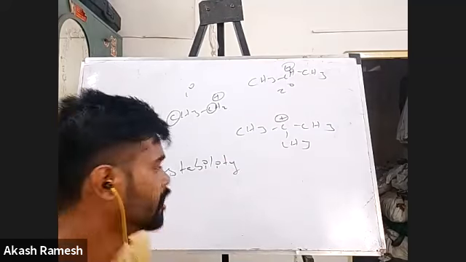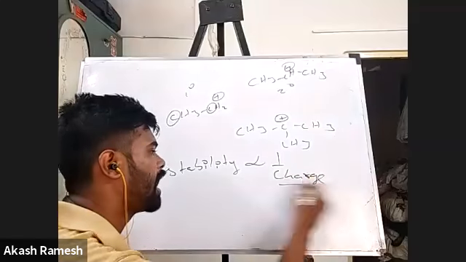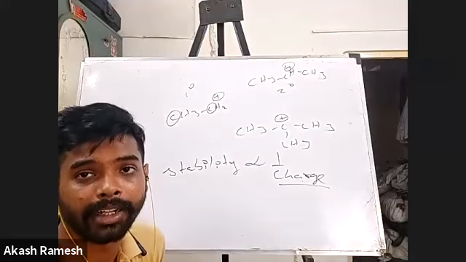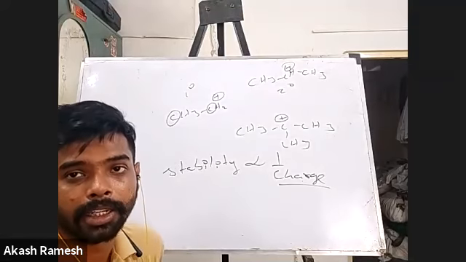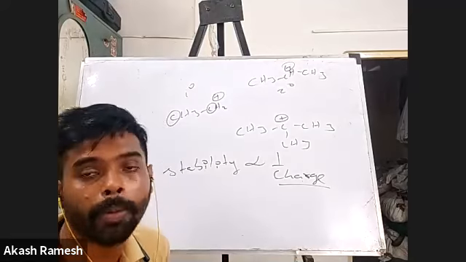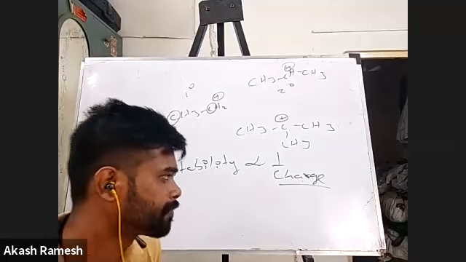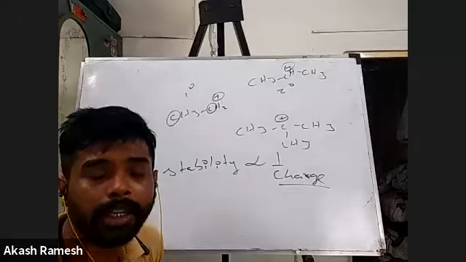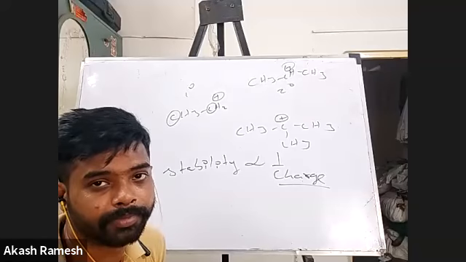So stability and charge are inversely related. Less charge, more stability. More charge, less stability. With respect to the inductive effect and many other things, stability is inversely related to the charge.